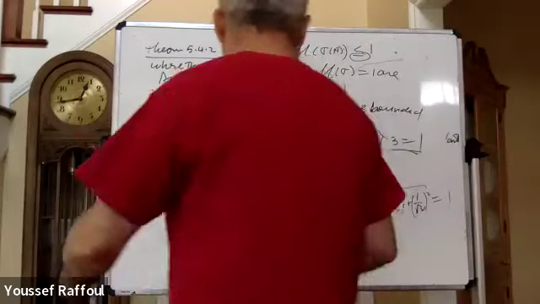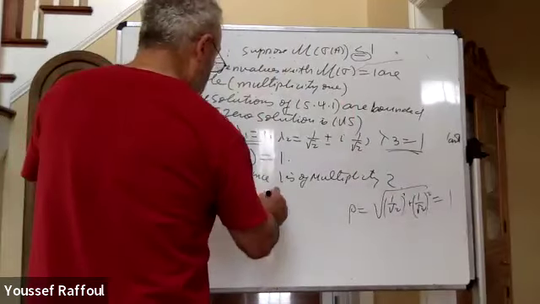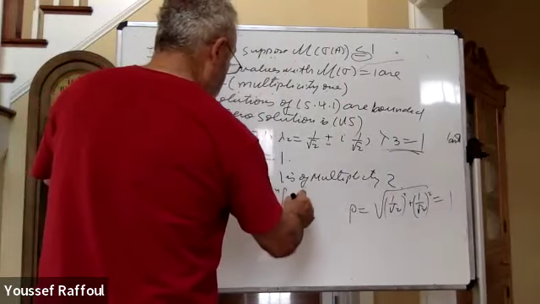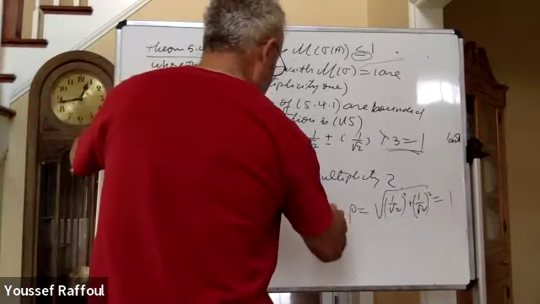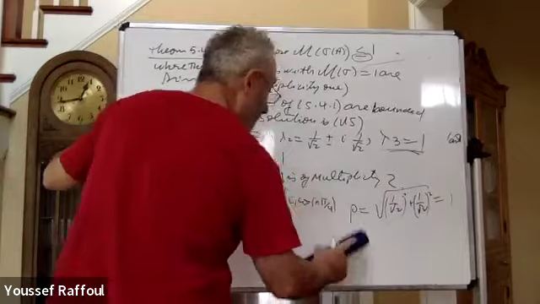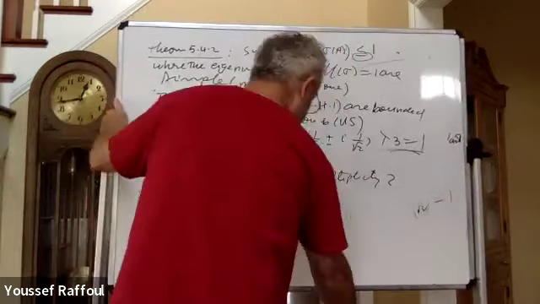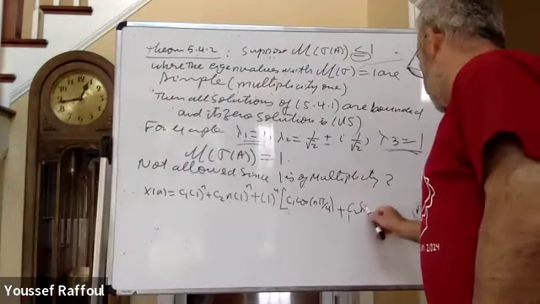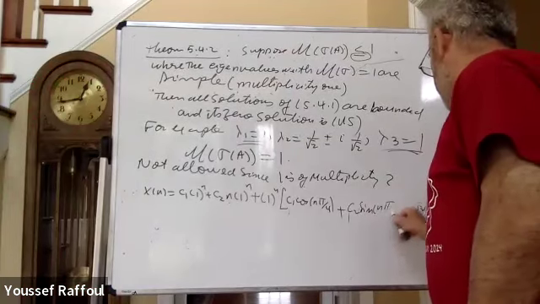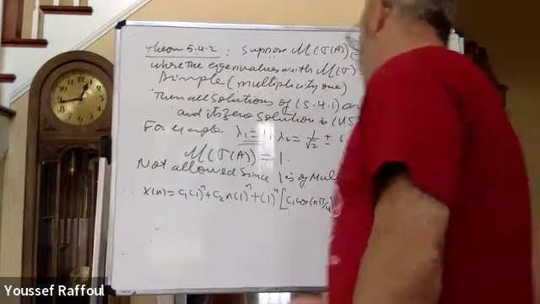That is 1. So that will be 1 to the n times C1 cosine n pi over 4 plus C2 sine n pi over 4.